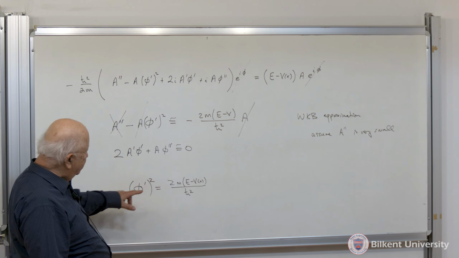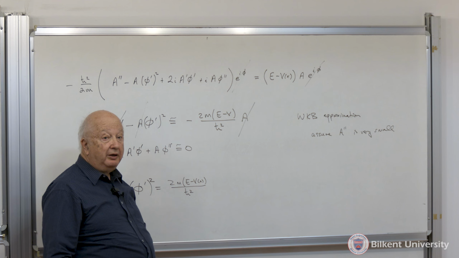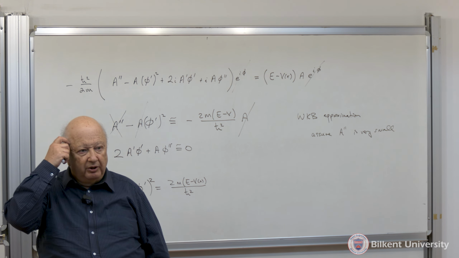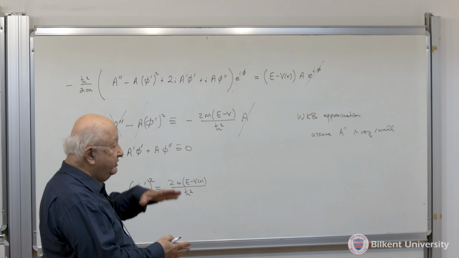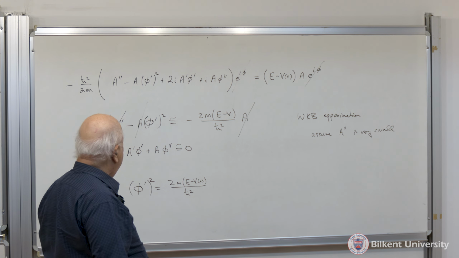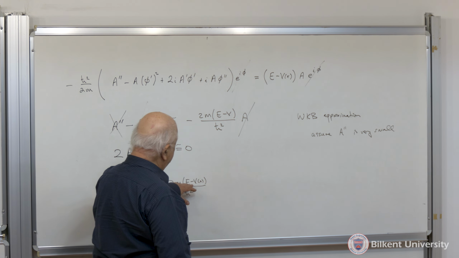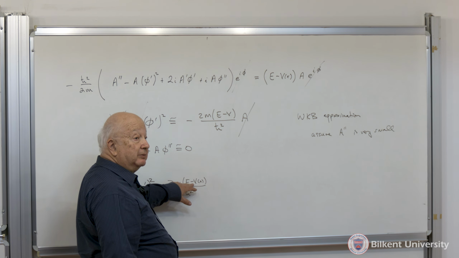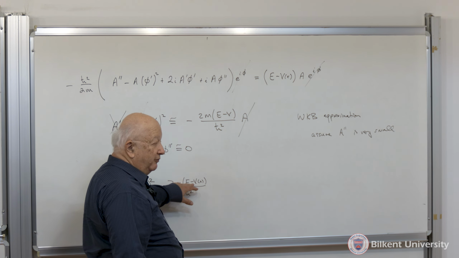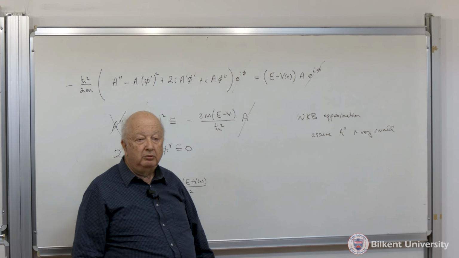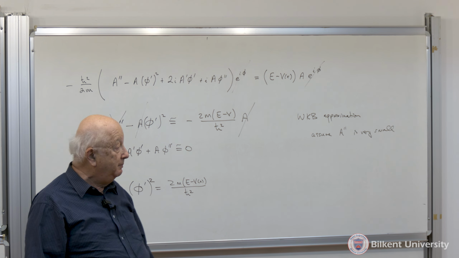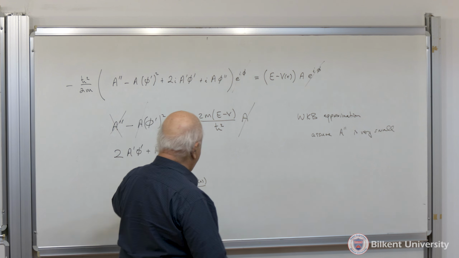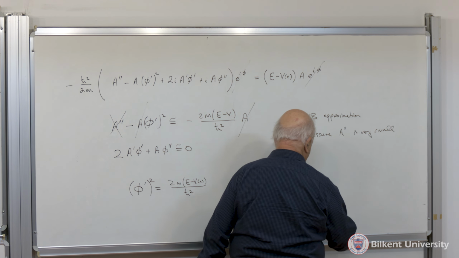Now, what is 2m times E minus V? E minus V is the kinetic energy, right? So 2m multiplied by that is kinetic energy multiplied by 2m. If you think of it as p squared over 2m, let me just draw this over here.